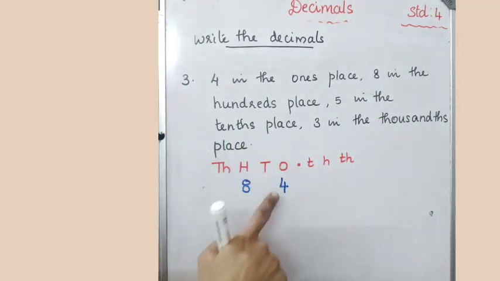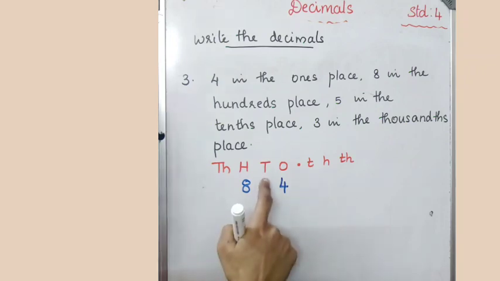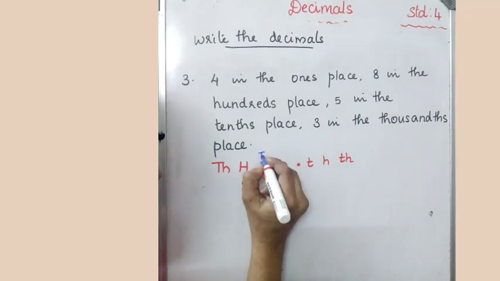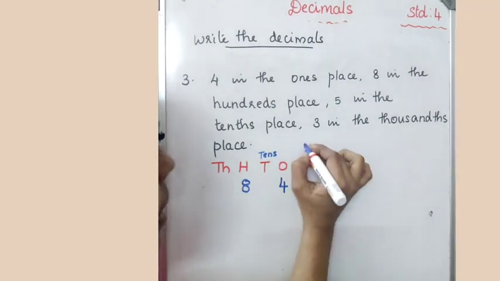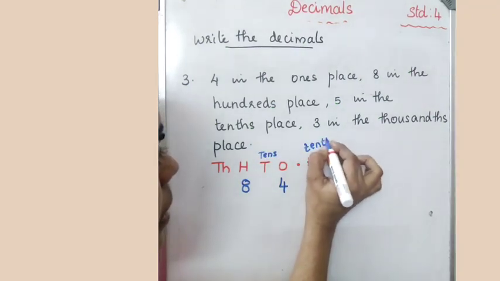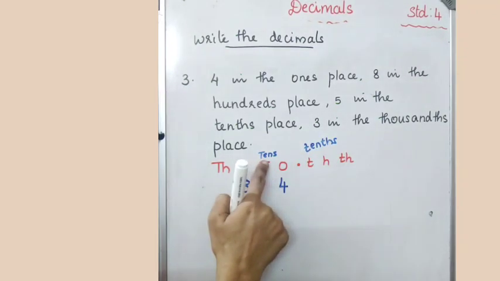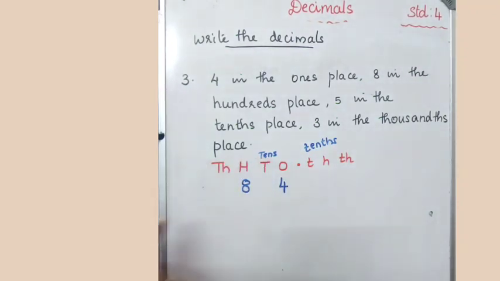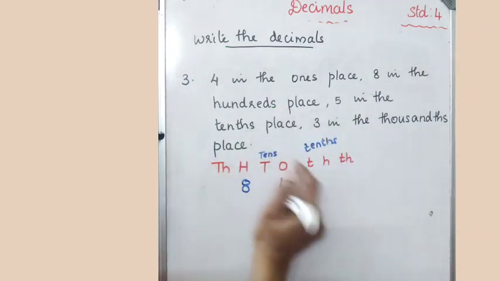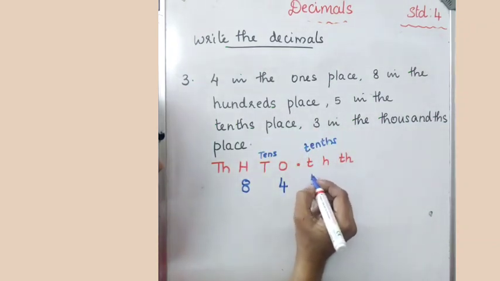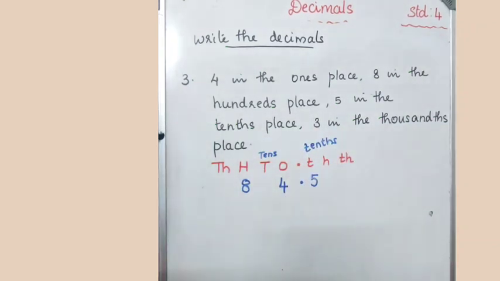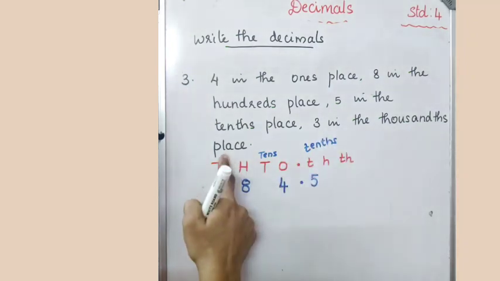So where does it come, here or here? This is tens and this is tenths. So where does this come? 5 in the tenths place. Point. Then 3 in the thousandths place.